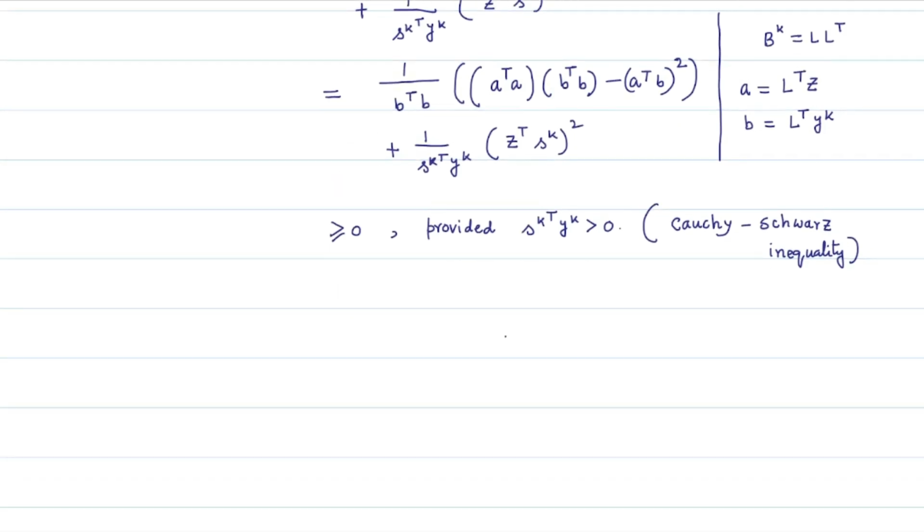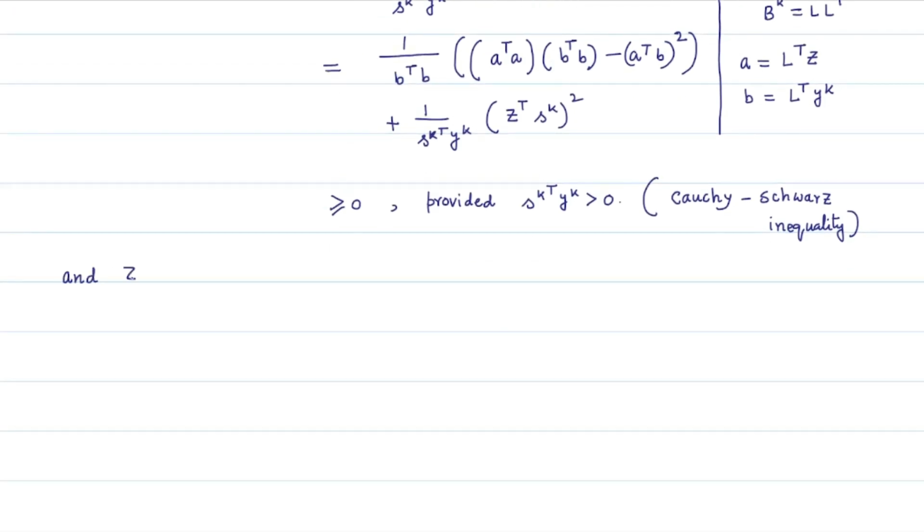So z transpose B_{k+1} z is equal to 0 if and only if this quantity is equal to 0, and we all know in the Cauchy-Schwarz inequality this quantity is equal to 0 provided the vectors a and b are parallel to each other, and this quantity has also to be equal to 0. So we need to have z perpendicular to s_k.